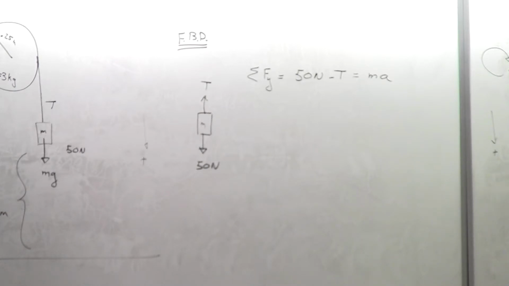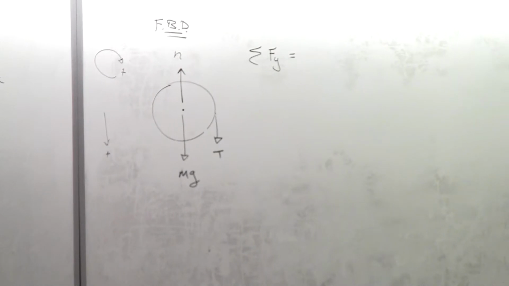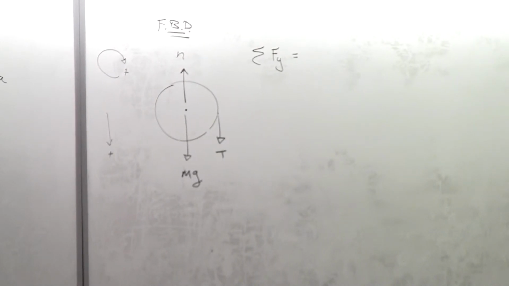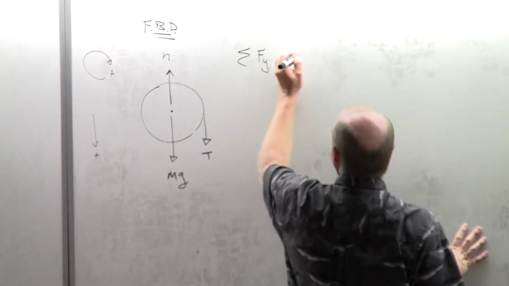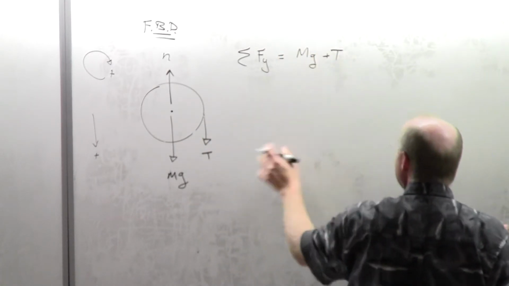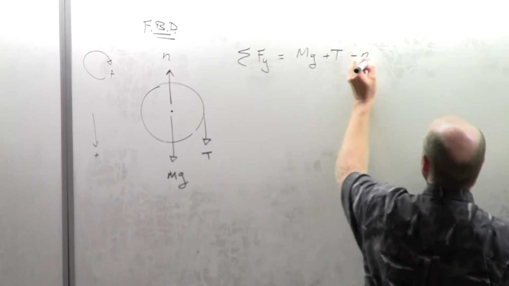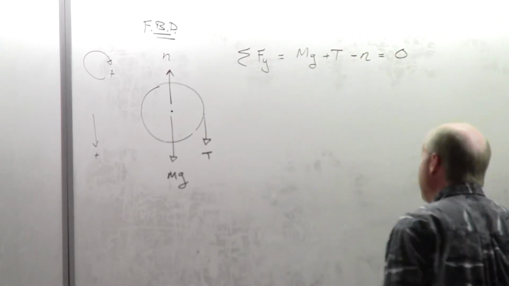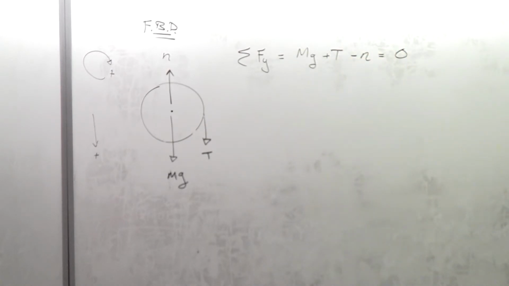I could do the sum of the forces in the y direction for this one, but I gotta admit, it's probably pretty boring. There's really nothing of interest here. I would have a capital G pulling down, I would have a T pulling down, I would have a normal pulling up, and that object does not accelerate. So you add up all those forces, you get 0.